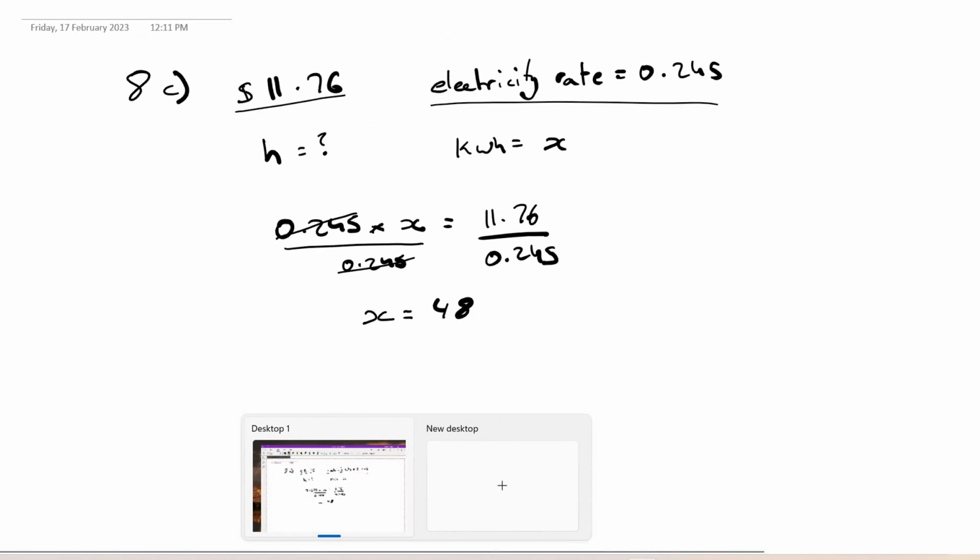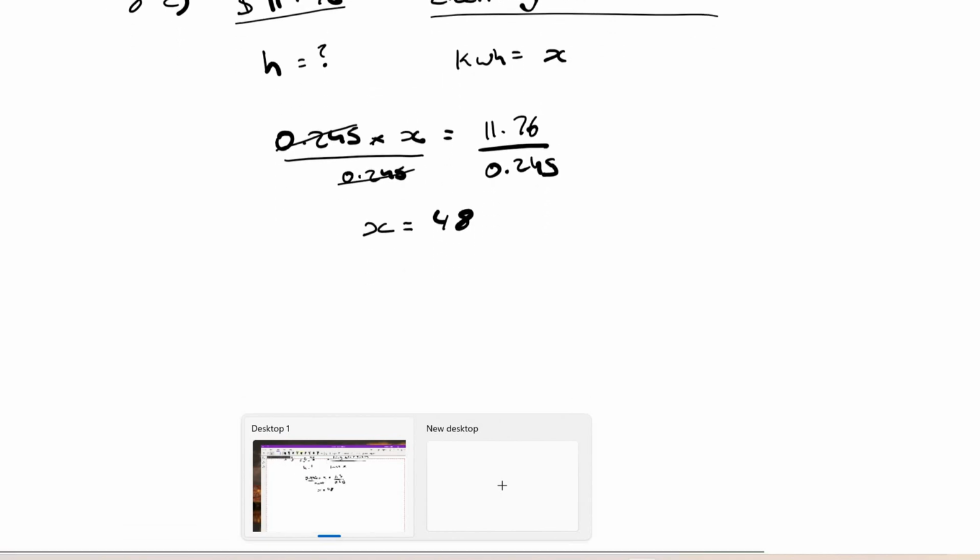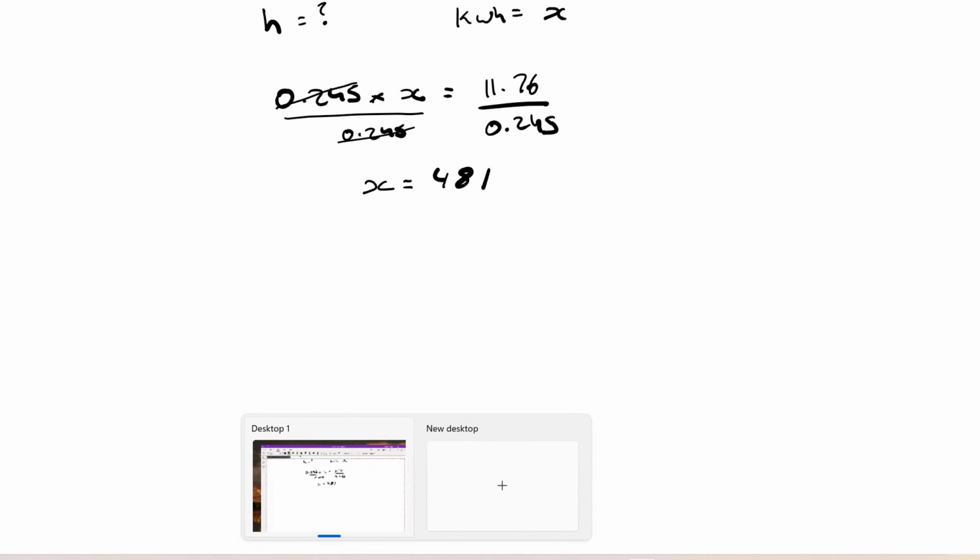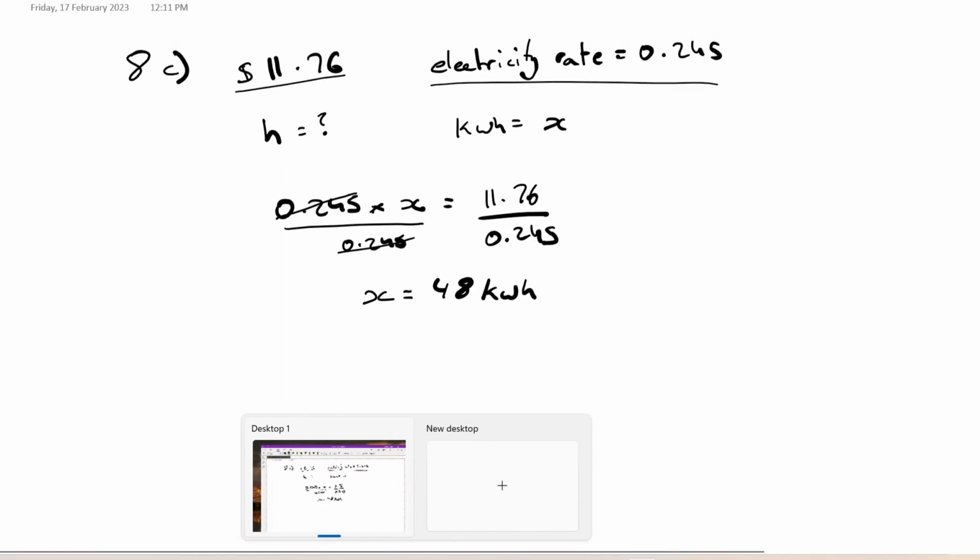And what was X again? X was the kilowatt hours. Now we know the amount of kilowatt hours that is used by our device. Now, do we know the kilowatt rating of our device? We do, because we have the table.